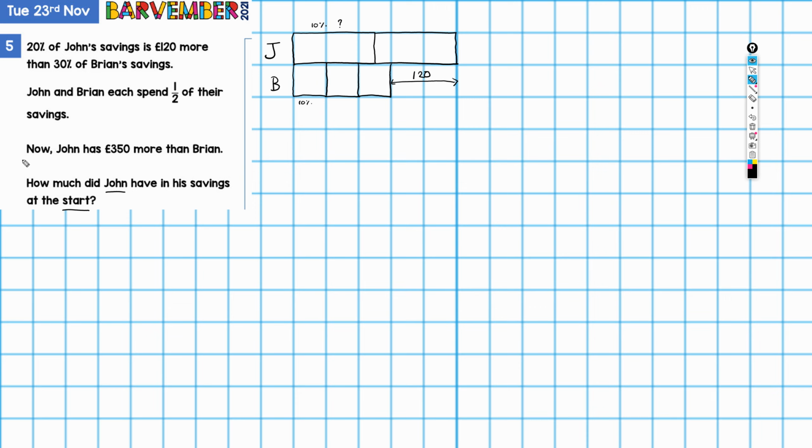This is just another way of telling us a different scenario, a different way of representing the information where when each has 50%, the difference is 350. So we will draw that.